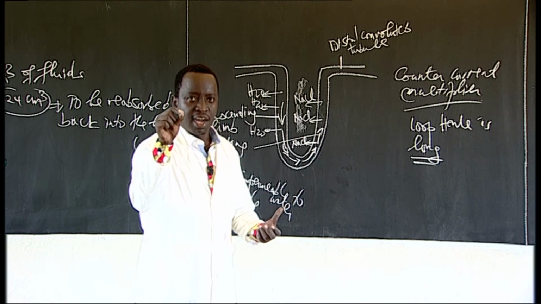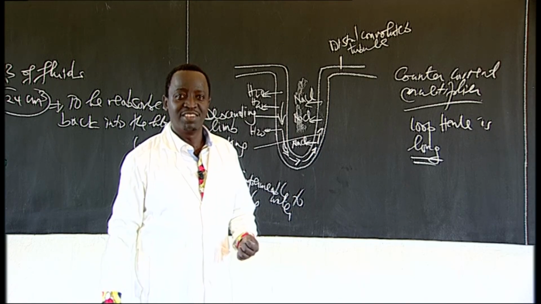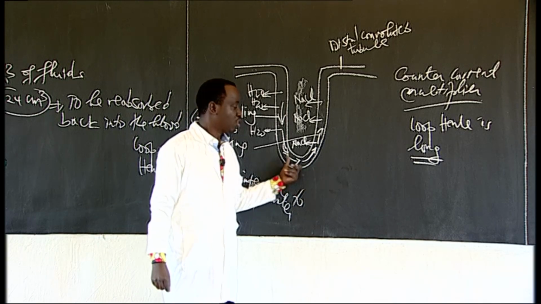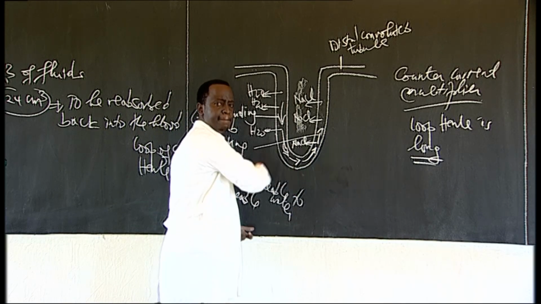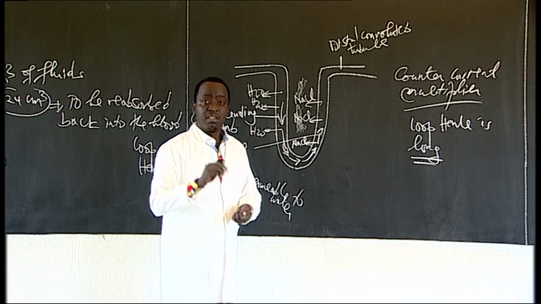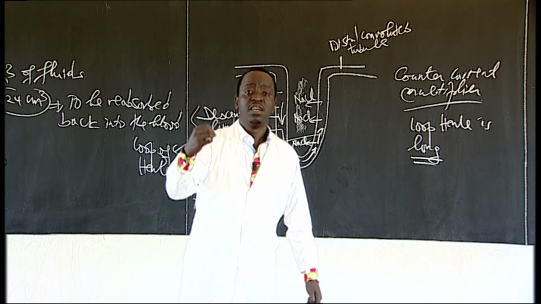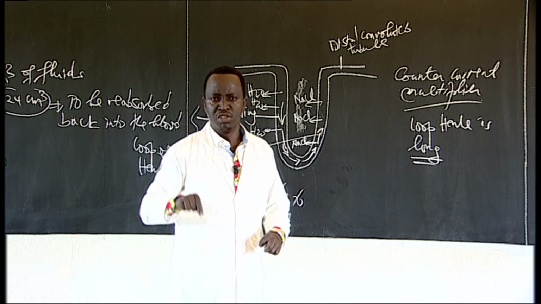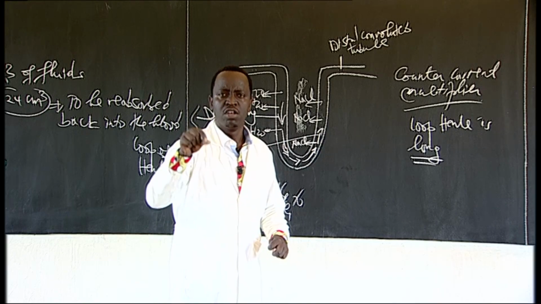So one of their adaptations is to have that long loop of Henle. Because when it is long, more water will come back to the blood. Are you getting this? Then what happens at the end for those animals? They will excrete very concentrated urine, the urine that contains more solutes.